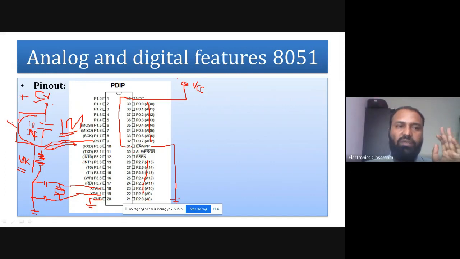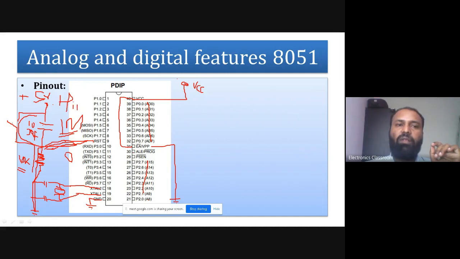Otherwise, since this switch is open and the capacitor is connected here, in the normal scenario our reset pin will have logic 0. As we have already studied, reset in 8051 is active high.